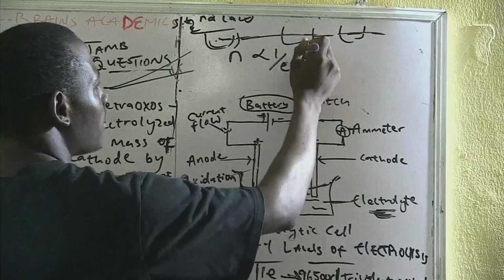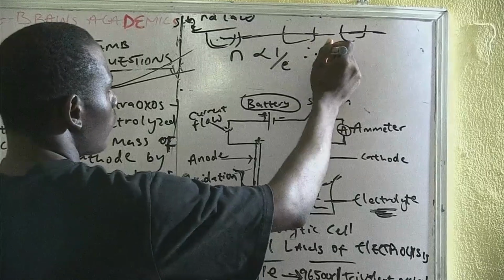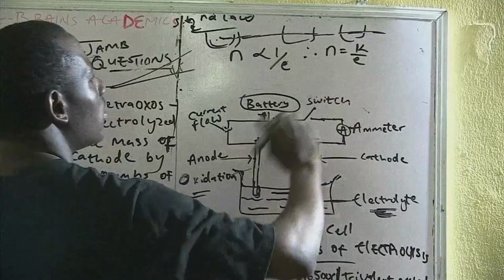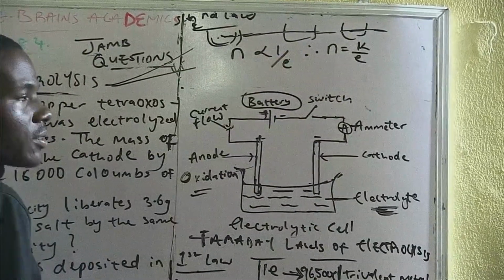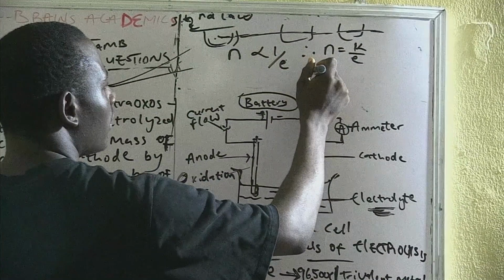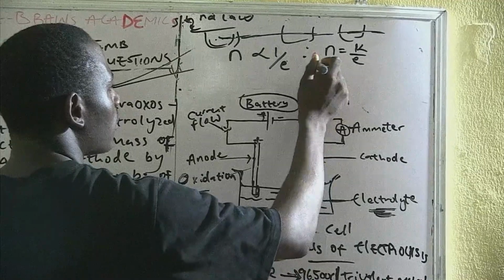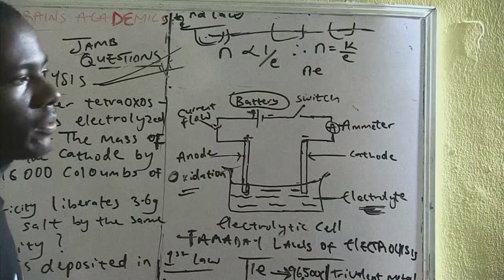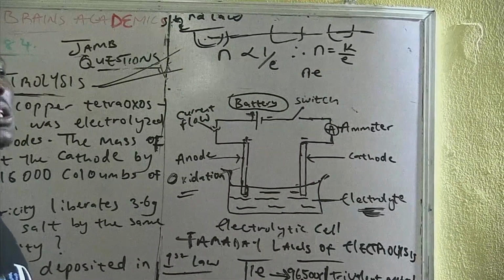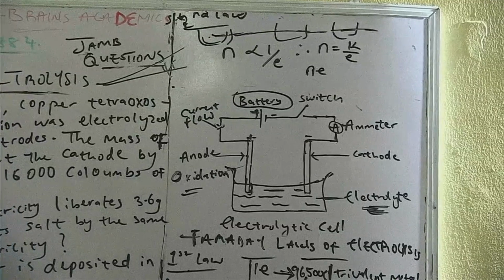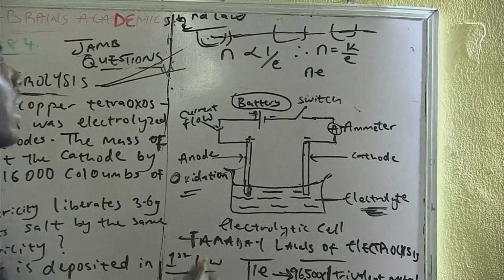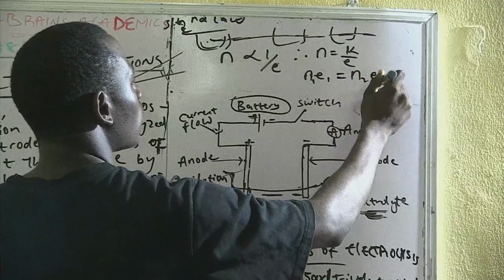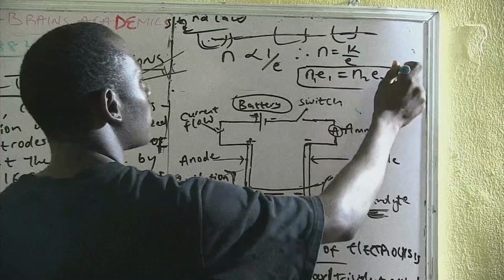So from there we have N equals K over E, where K is our proportionality constant. Then you have NE equals K. In the case where you are relating two substances, two elements, you have N1E1 equals N2E2.